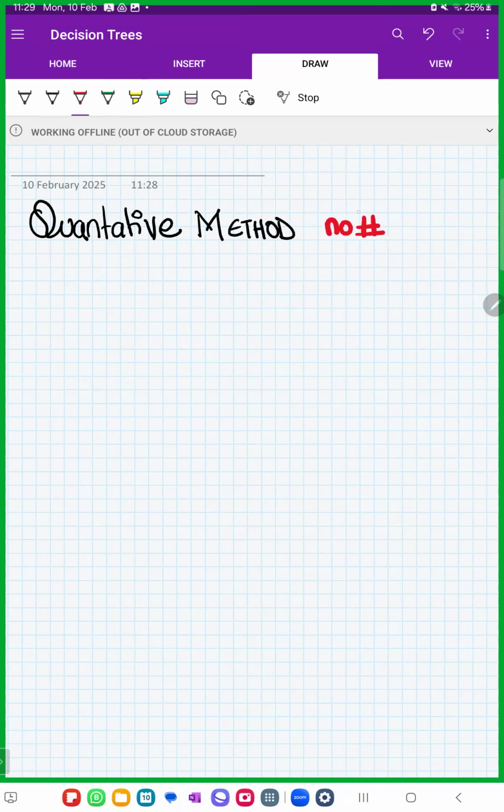So, the strategic management uses qual and quant together in order to make a strategic decision.